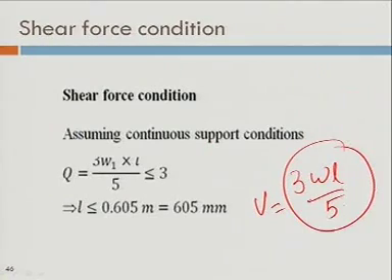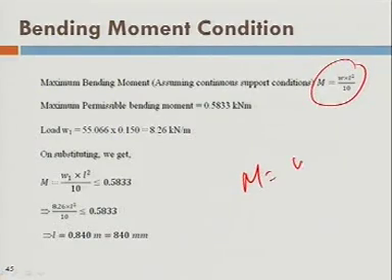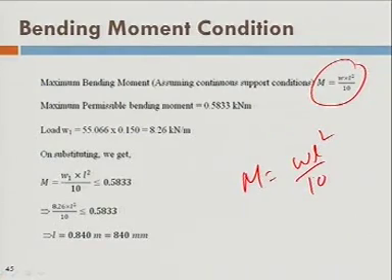Likewise, for shear you can calculate it with this, already you know what is the maximum permissible shear, and for bending you can use this formula, M is equal to WL square by 10.